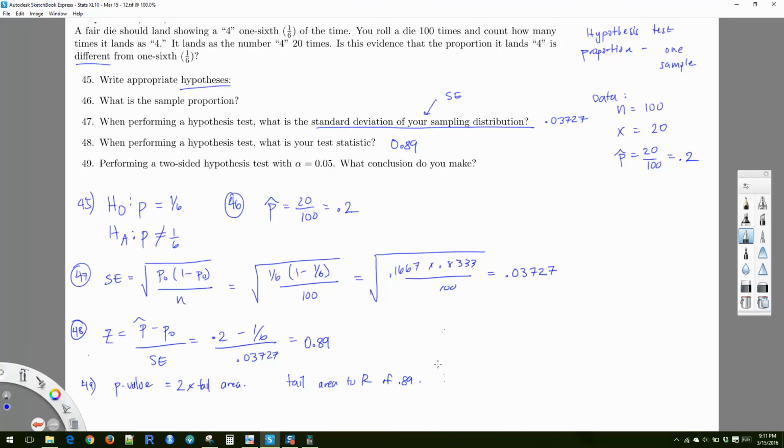0.8133, so I'm going to do 1 minus 0.8133. I get 0.1867. My p-value will be 2 times that, which is 0.3734.